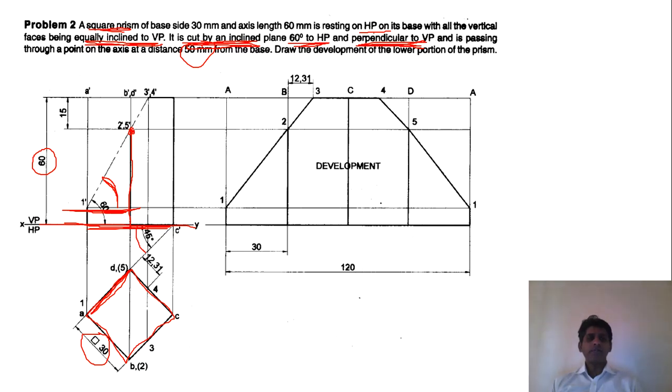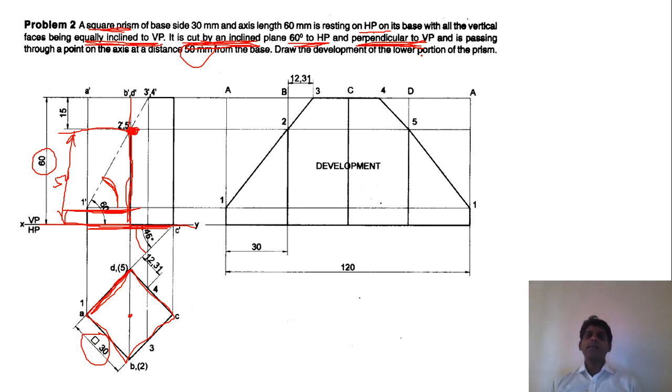So it is passing through this particular point, and actually we should be showing this dimension, 50 mm from the base. So from the base you should mark 50 mm on the axis. We know that the axis is exactly here. This line is in fact this edge, but behind that we have the axis, so they are one behind the other, and this point has to be considered.